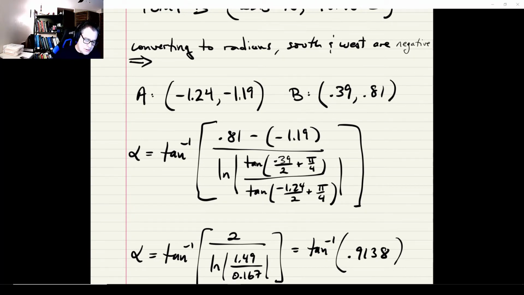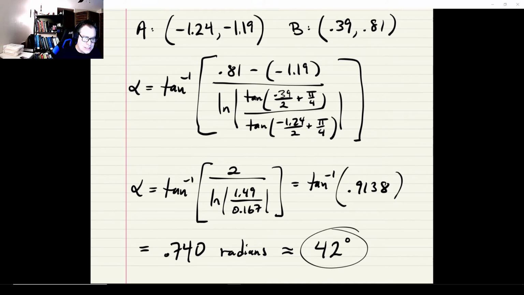It's a pretty cumbersome formula. Absolutely, this is something that you want to just program into the computer, which I will demonstrate in Excel. But if you do it by hand, you come out with an expression of about 0.91 inside the tan inverse. Take tan inverse and make sure it's in radian mode. You get about 0.74 radians, and that's 42 degrees.